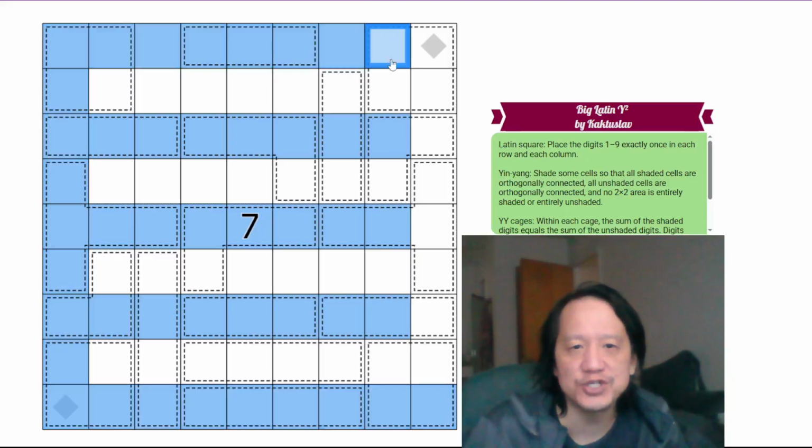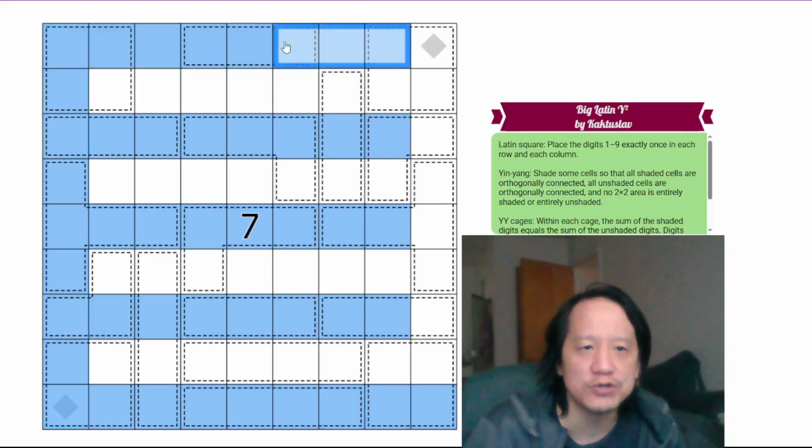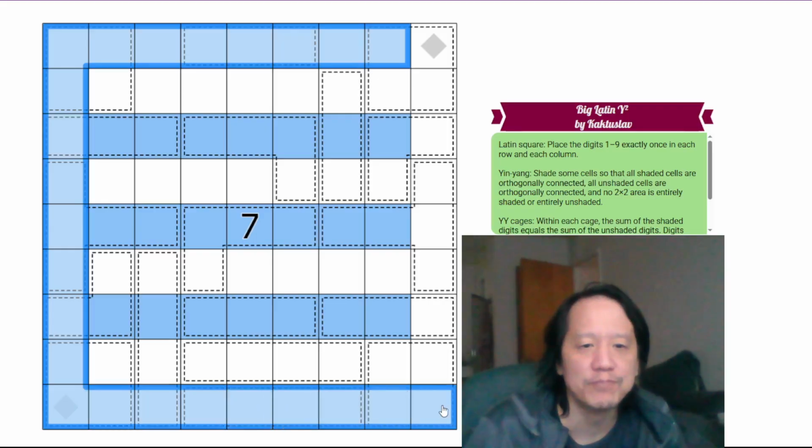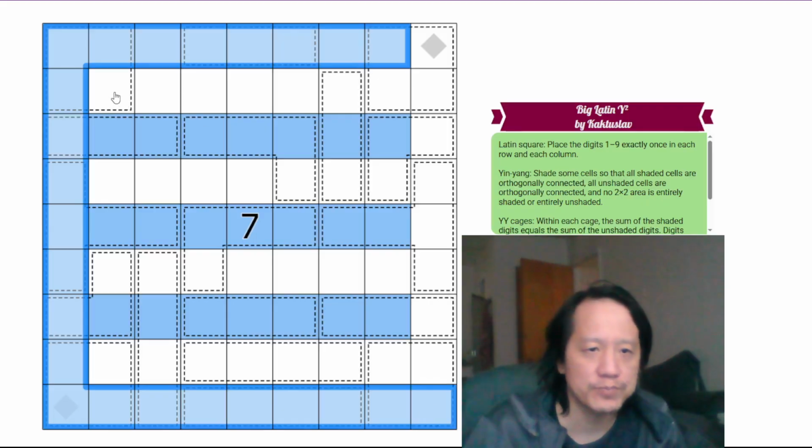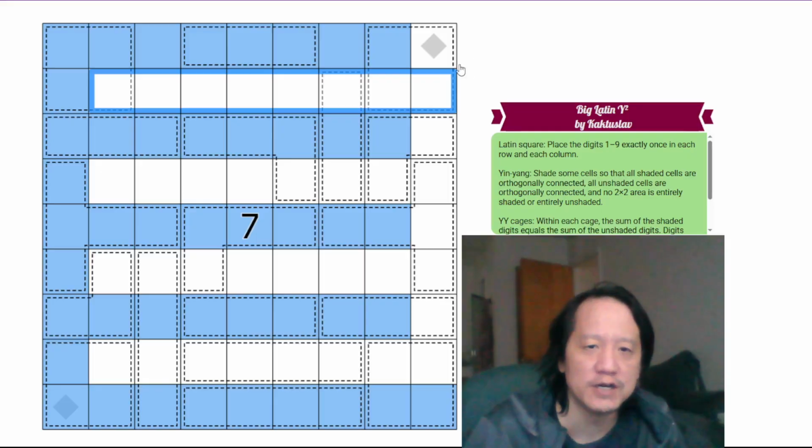So to go from this shaded cell to this shaded cell, you can go all the way this way, and you just go through edges, all while being in the shaded region. And the same is with the unshaded region.